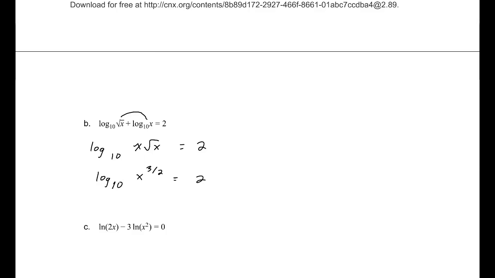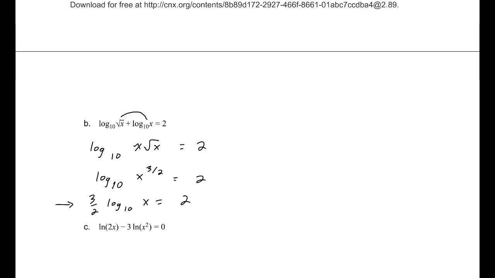All right, so I can then bring down my exponent. That is property 3, the power property. That leads me to 3 over 2 log base 10 of x equals 2.